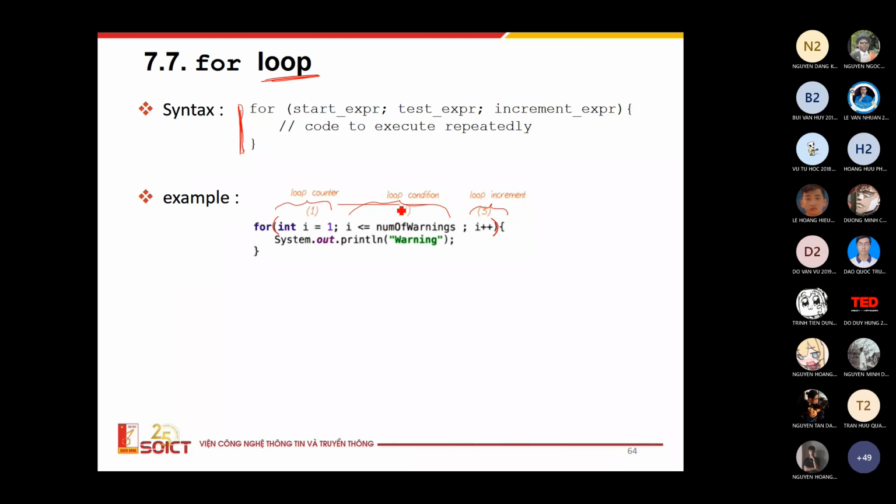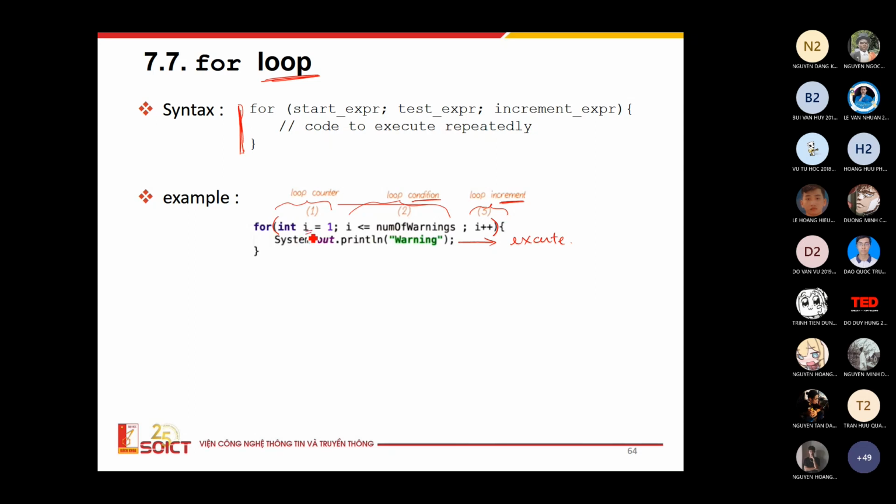In the second one, you will place the loop condition. And in the third one, you will make the loop change, something like this. Okay. And for this loop, you will execute this statement. Okay.